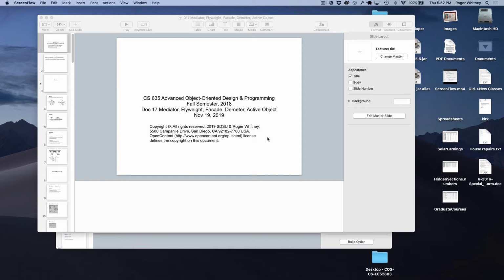Client. Well, what's a client? A client is someone who asks questions of a server, right? So almost all your objects are clients at some point, and a lot of them are servers at some point. Anytime one object calls a method on another object, the first object is a client, and the second object is a server.